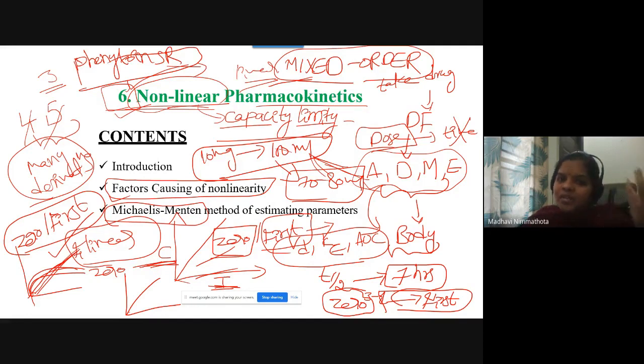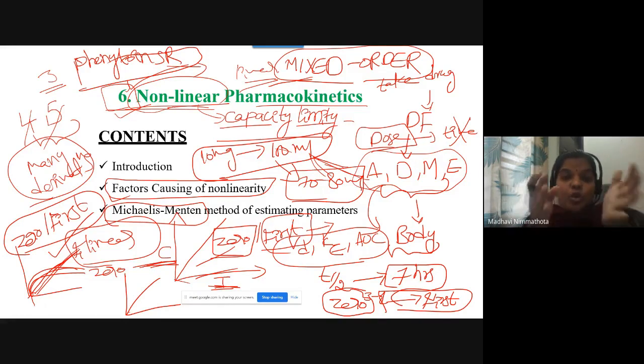Whatever the cause of the nonlinearity, we need to calculate the pharmacokinetics with the help of the Michaelis-Menten equation. From your exam point of view, these two are very important, and in nonlinear pharmacokinetics only two topics are there. First, factors causing nonlinearity, and second, the Michaelis-Menten method for estimating the parameters.